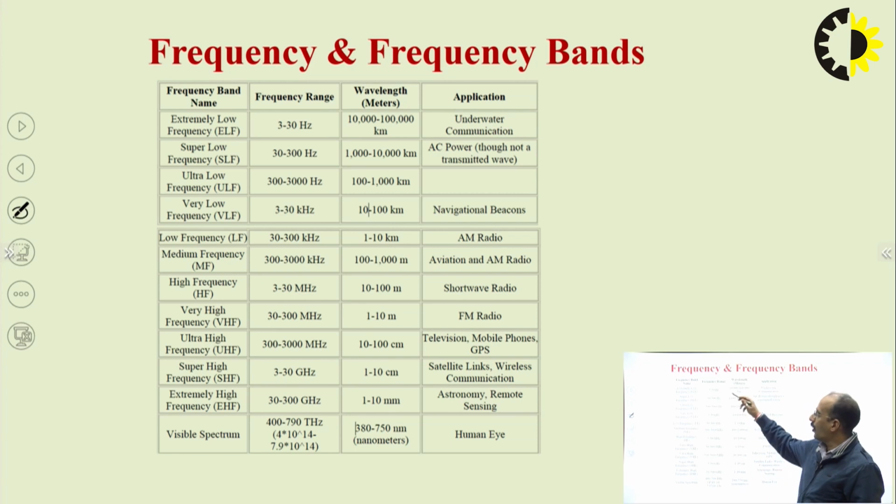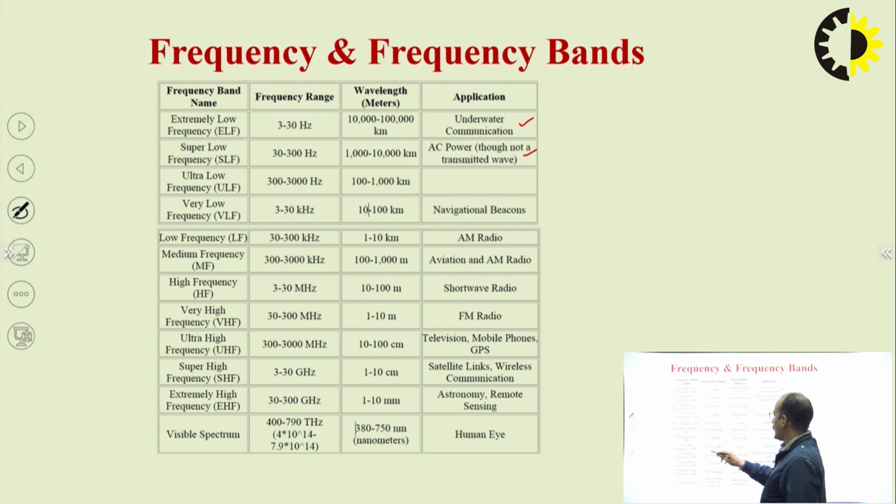These individual bands are used for specific applications: extremely low frequency is used for underwater communication, super low frequency for AC power, very high frequency for FM radio, ultra high frequency for television, and super high frequency for satellite links or extraterrestrial communication.